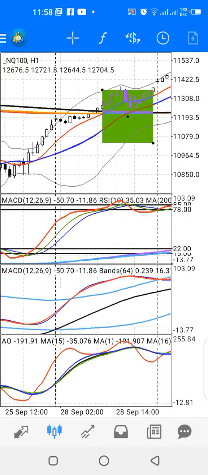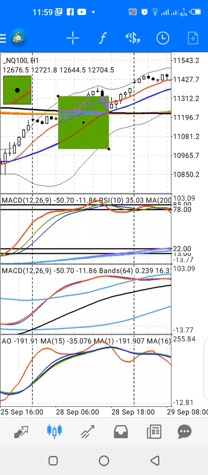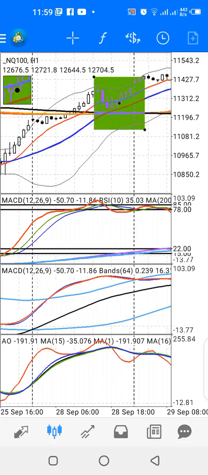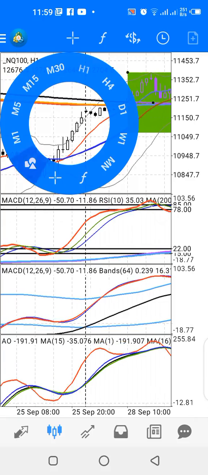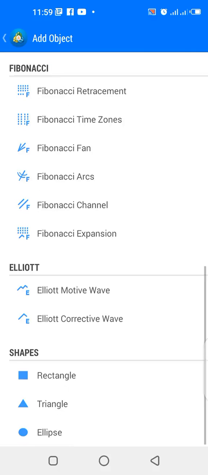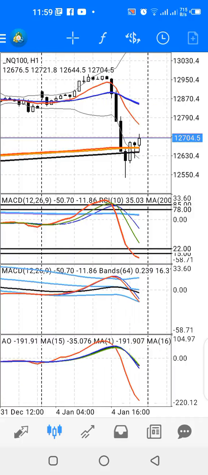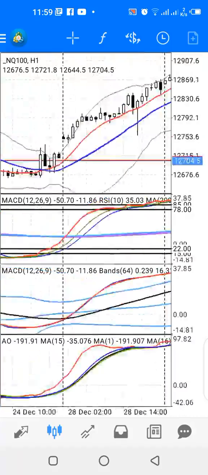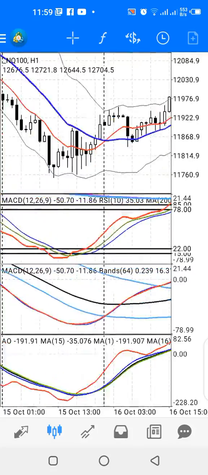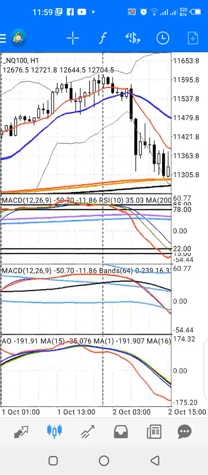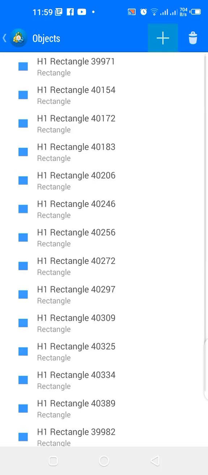Okay, same thing, this is the start of the bullish trend when the moving average with the red and blue lines crosses above the black and yellow, and it crosses above the moving averages around here.